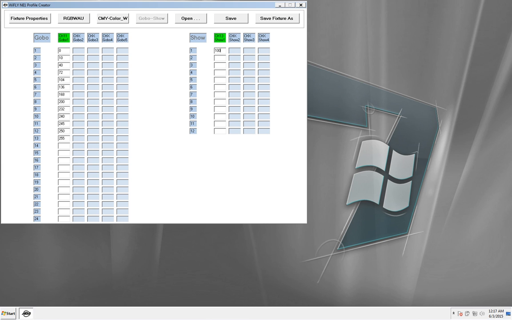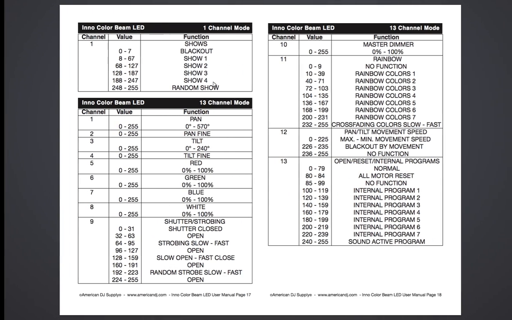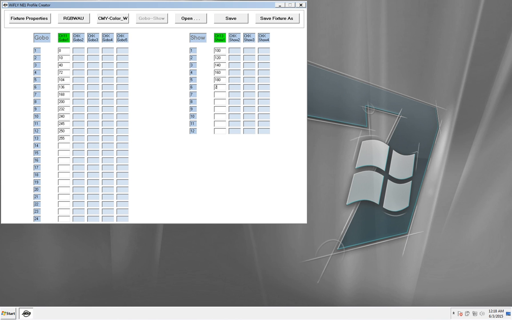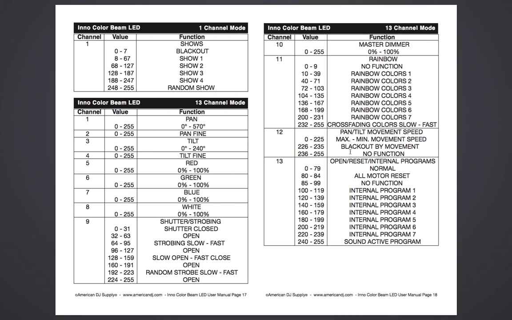So we have 100, 120, 140, 160. And because I can shut off the shows, I don't need to have a normal one. I'll just shut off the show if I don't want to use it. So it goes all the way to 240. 200, that's 255. I don't know how to type. 200, 220, and 240. Let's see if there's anything else that I want.